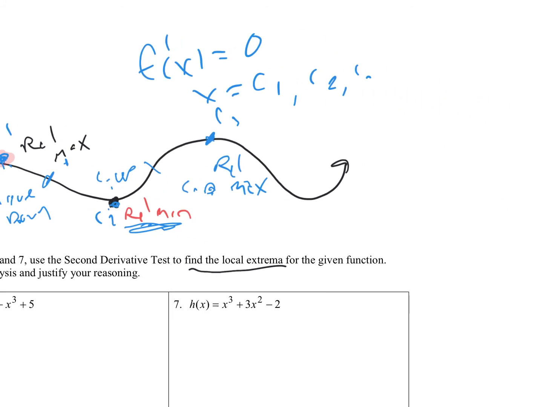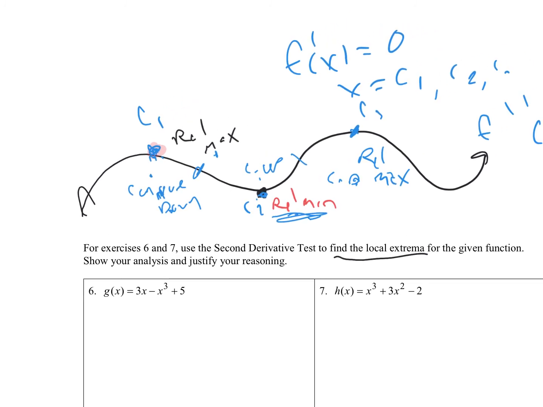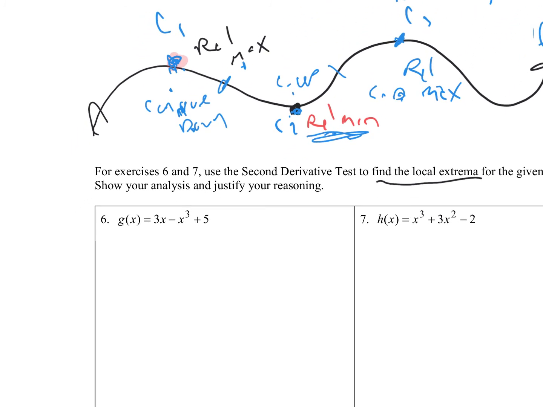Then we take those C1, C2, C3, and we plug them into the second derivative and see what we get. Well, if I plug in C1 into the second derivative, since it's concave down, it's going to give me a negative number, because it was a max. Did I say that right? Let's try it and see if it works.